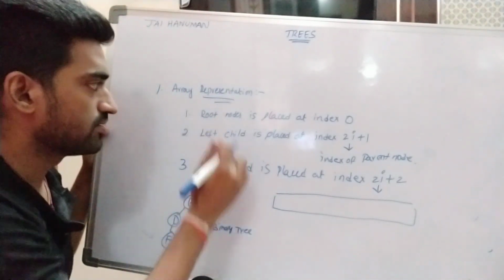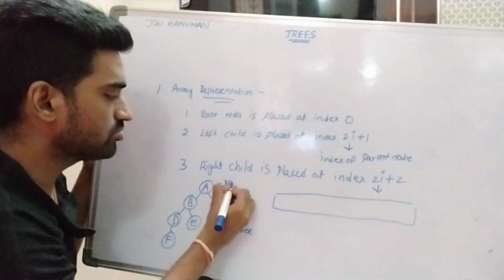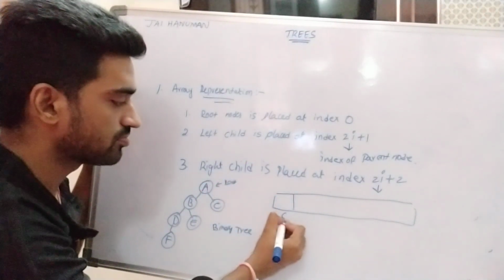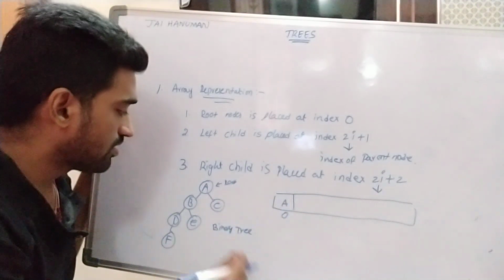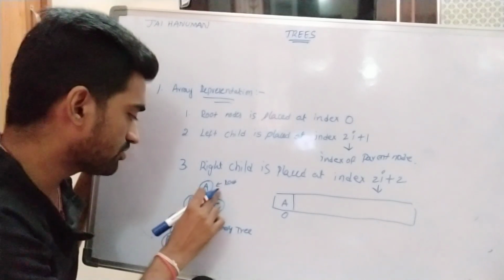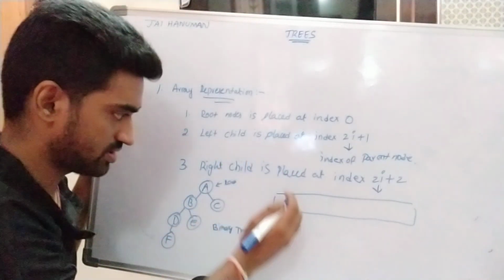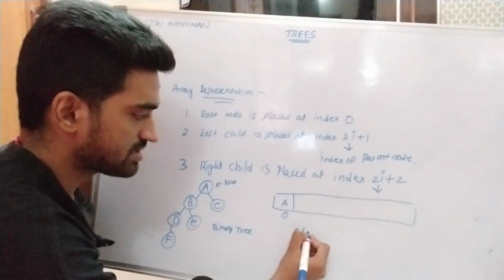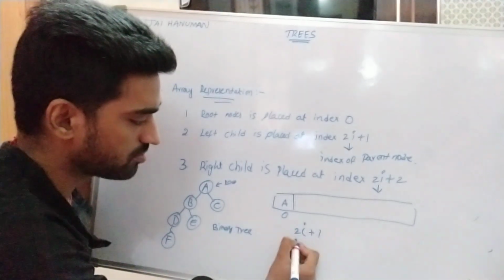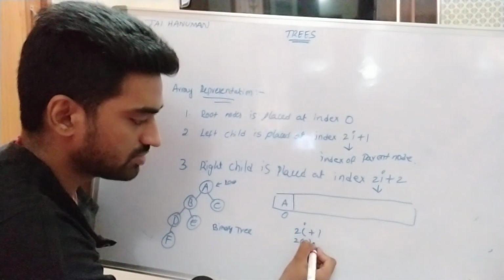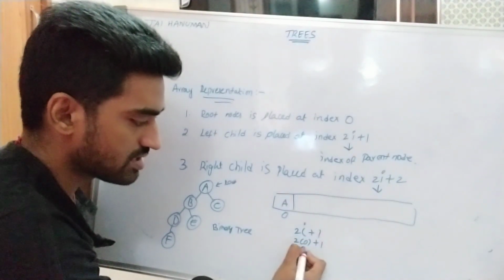The first rule: the root node, which is A, is placed at index 0. Then the left child of the root is B, placed at 2i plus 1, where i is the index of the parent: 2 times 0 plus 1.